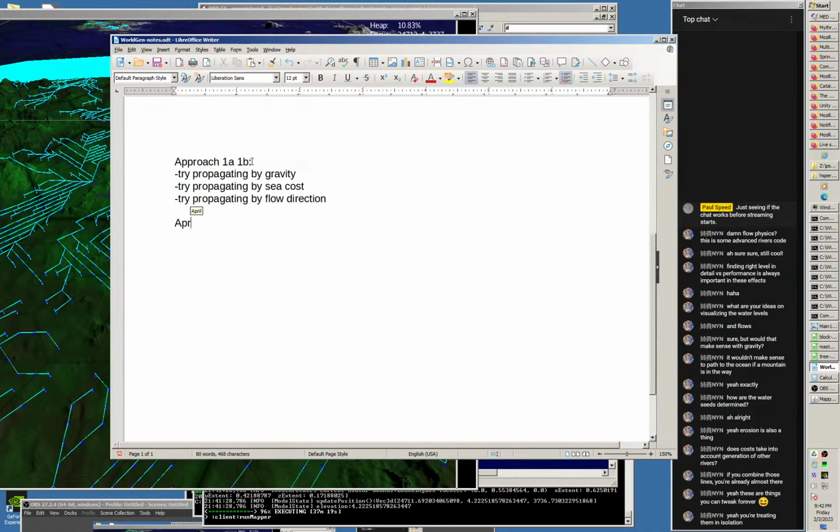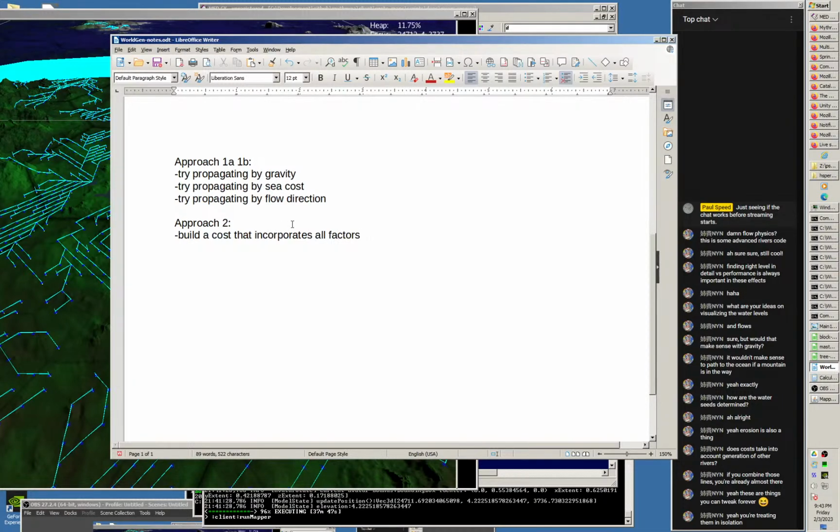And then there's approach 2, the one I talked about a minute ago, where at each cell you build a cost that incorporates all factors: gravity, rivers nearby, etc. Then you pick the lowest cost and head in that direction. This is easily tweakable by different parameters.